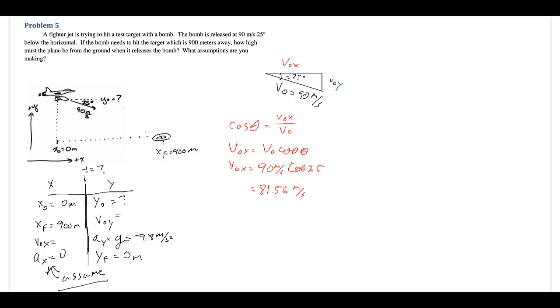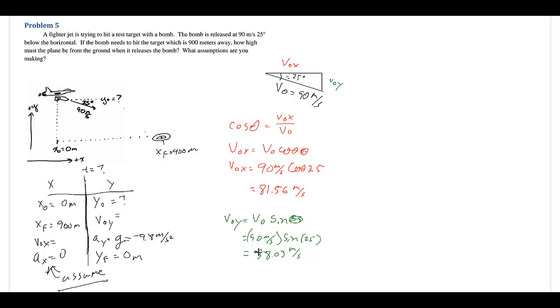V naught y is going to follow the same steps, only instead of cosine, it's on the sine side. So the method ends up being the same. So v naught y is going to be v naught sine of 25 degrees, or of theta, which in this case is 90 meters per second times sine of 25, which is equal to negative 38.03 meters per second.